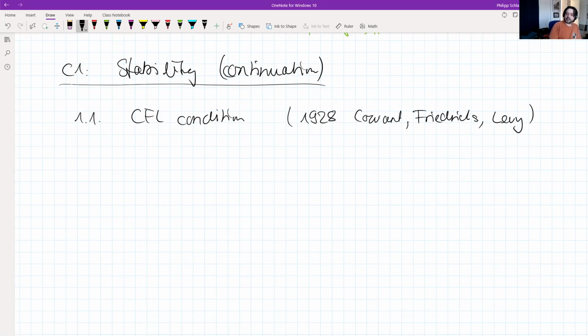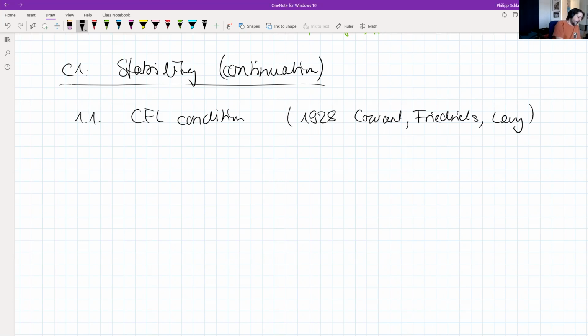That means the CFL condition for stability was developed before people understood the von Neumann analysis, or the von Neumann stability theory, for partial differential equations. So the more physically motivated approach was discovered earlier.